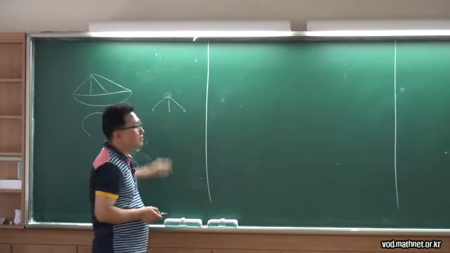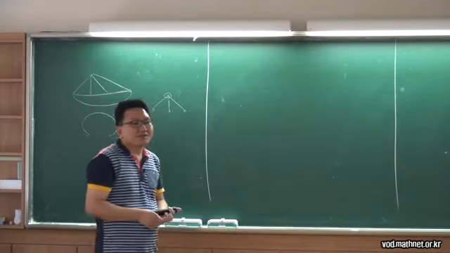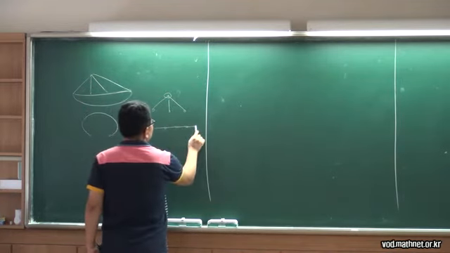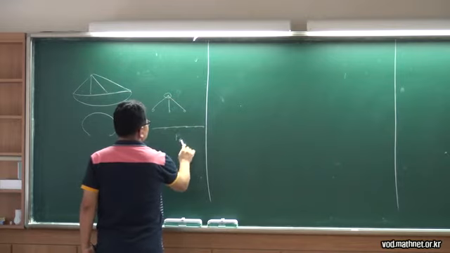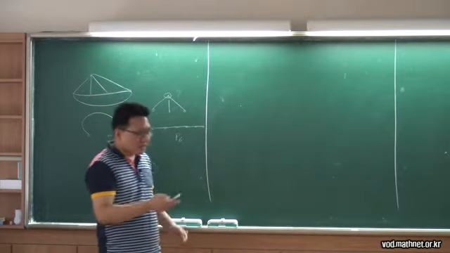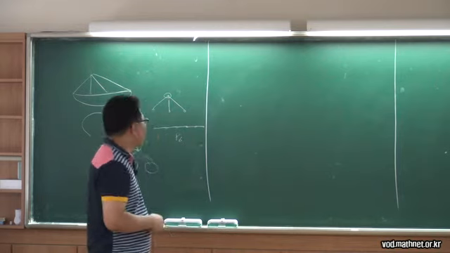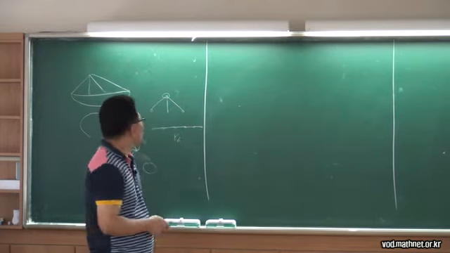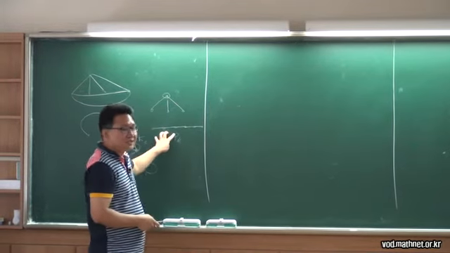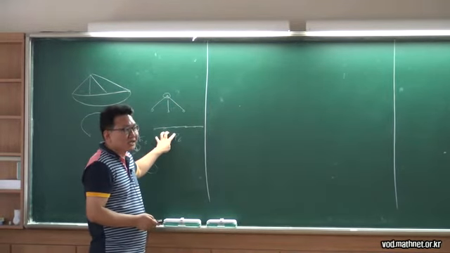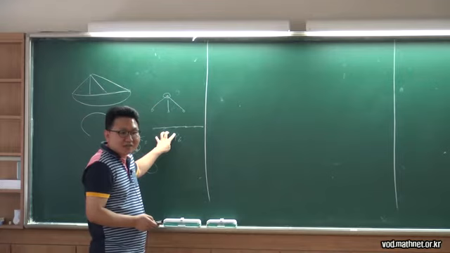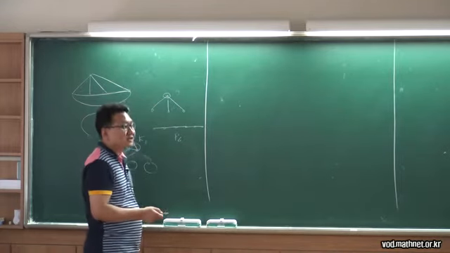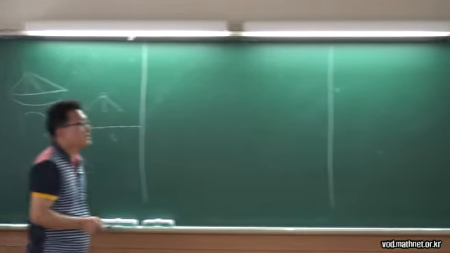So we cannot have a claw, and we also cannot have a P6. If there exists a 6 vertex path in here, well, at least 3 vertices in here cannot be in the clique, right? Then we have a triangle in here, so that doesn't make sense.